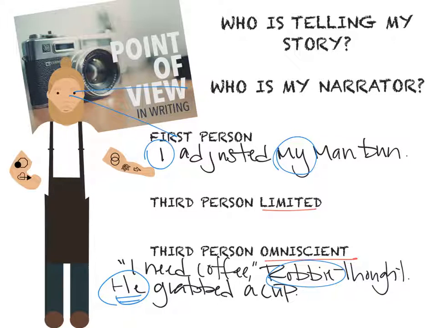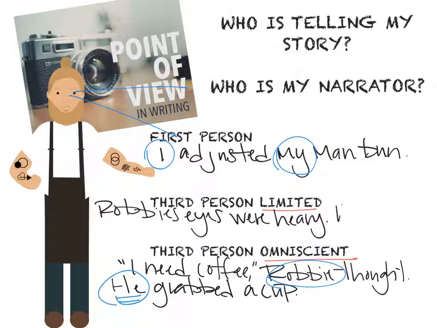If I'm writing in limited, I don't get to write that Robbie thought that he needed his coffee. I'm going to have to describe that instead. So I might write something like, Robbie's eyes were heavy. He looked tired.